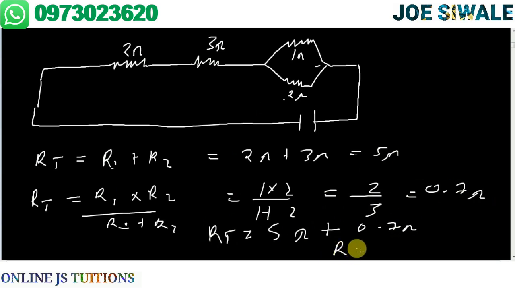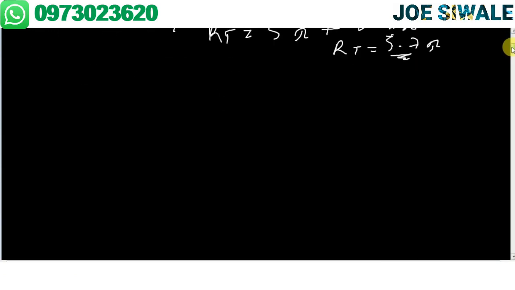So my total resistance there is going to be 5.7 ohms. So those are some of the calculations that you can do under parallel connection. Where you have questions, you can ask in the group.